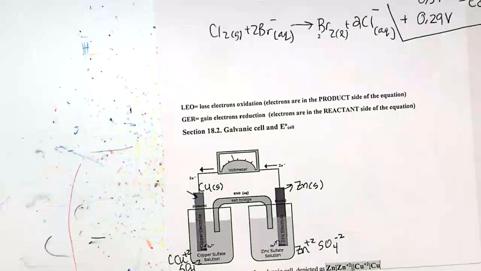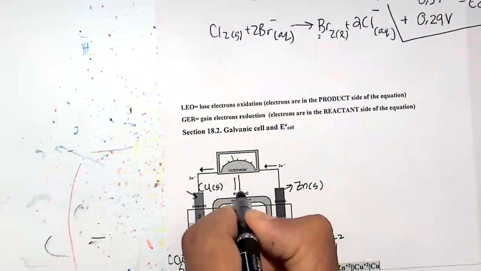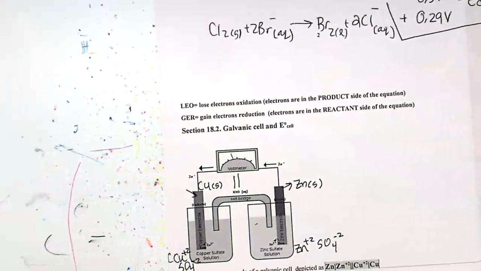This salt bridge keeps the ions equilibrated. You don't want to build up too many positive charges or too many negative charges. So that makes the ions equal, so there's not too much buildup of positive or negative charge. So that's what a salt bridge is, and it's generally abbreviated by 2 lines.